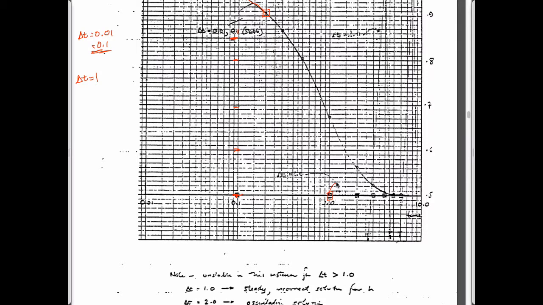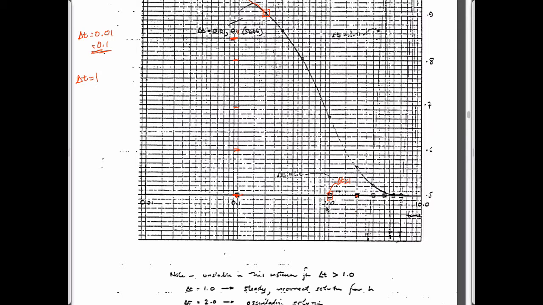So if you do it for delta t equals 1, you end up with this. And I think if you do it for all the subsequent values, for 1 extra second, another extra second, it just flatlines. So it gives you actually the right result, curiously, but it's prematurely the right result because it shouldn't be that low yet.